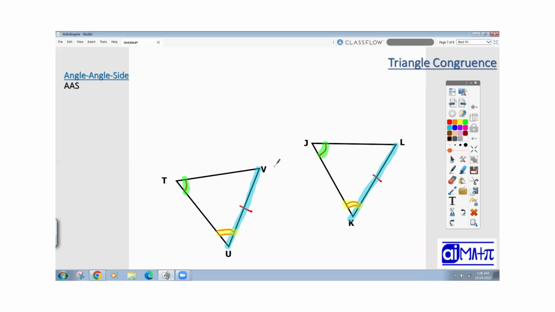And what I do when I write my statement of congruence, I notice that J and T have to be in the same position. K and U will have to be in the same position. And L and V have to be in the same position. Doesn't matter which triangle you write first. You just want to get these in the same position. So I'm going to write triangle JKL is congruent to triangle TUV.